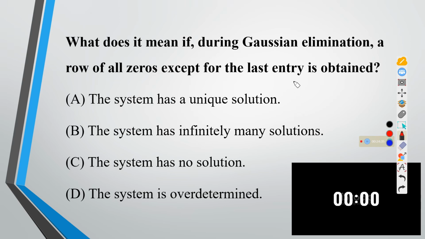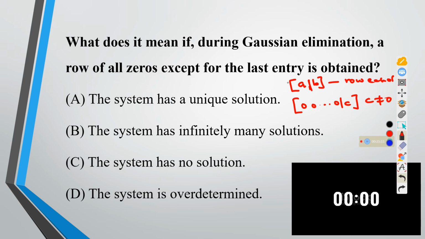So when we are looking at Gaussian elimination, we are transforming the augmented matrix AB into a row echelon form. But if you obtain a row of zeros in this form, you have 0, all these are zeros, and the last entry is not a 0, for example, C, where C is not equal to 0.